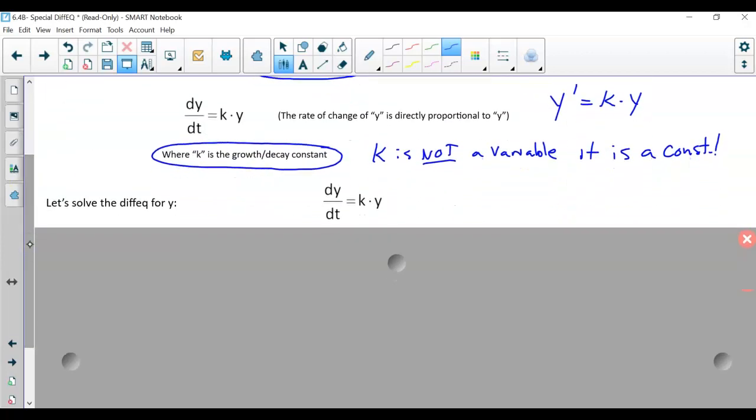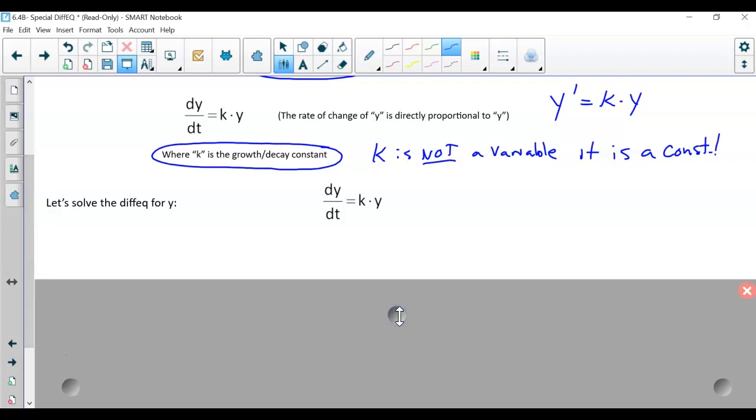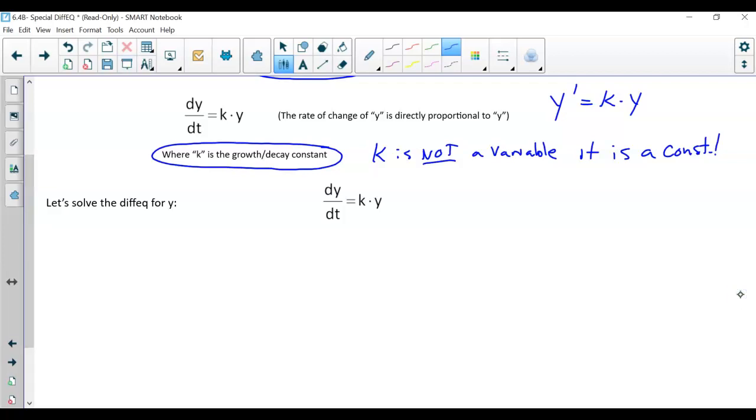And what we're going to do, we're going to solve this differential equation for y now. So first thing we need to do, we better separate our variables, just like we had been doing. So if we multiply both sides by dt, I really have dy equals k times y dt, okay?